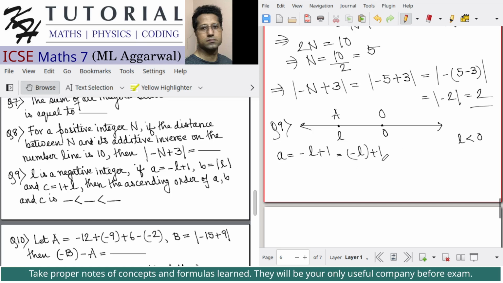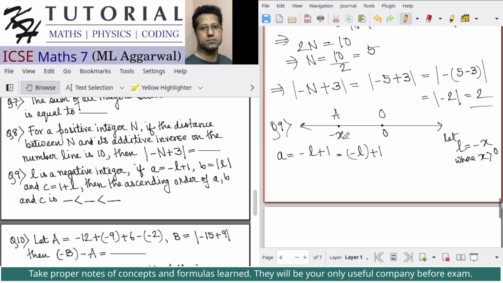I think it will be better if we say, since L is a negative integer, let L be equal to minus x, where x is a positive integer, that is, x is an integer greater than 0. Then obviously minus x will be a negative integer, and it will be somewhere here.